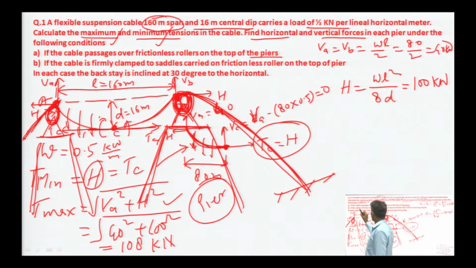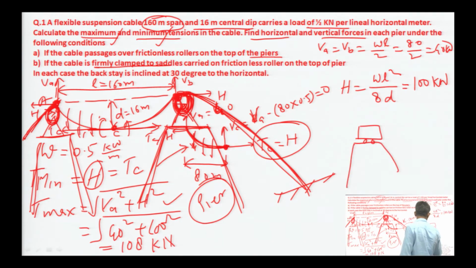And in the second part, the cable is firmly clamped to a saddle. In the second case, in spite of having this pulley, we provide a saddle in this manner at this point.